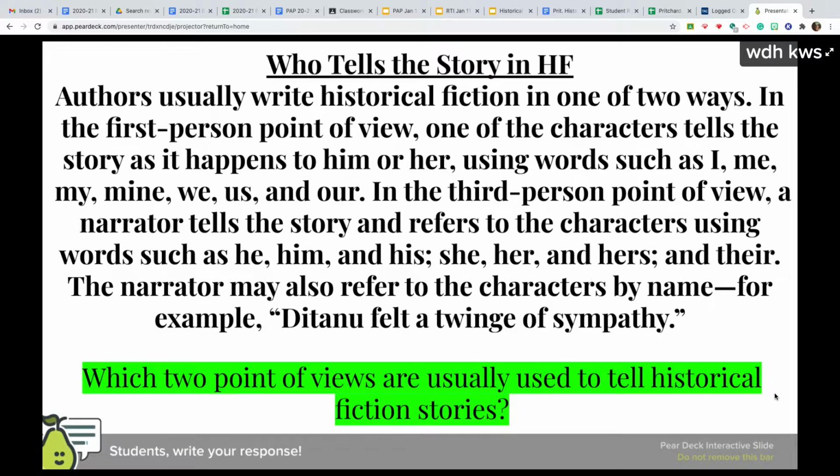Which two points of view are usually used to tell historical fiction stories? You're typing the answer.